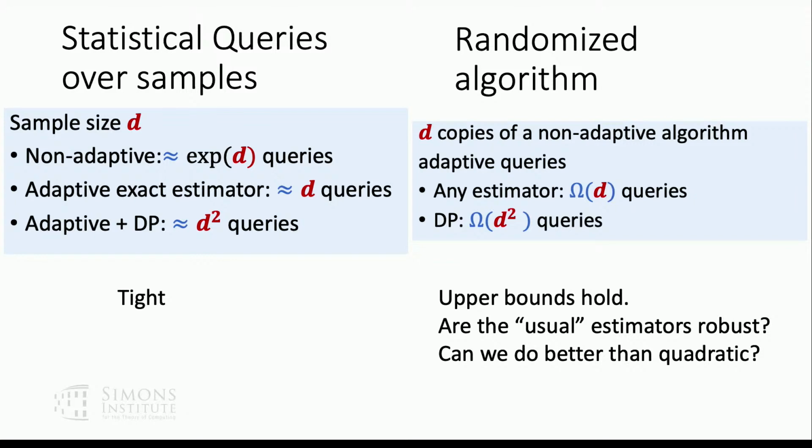So now I want to talk about the other end of things, which is attacks. With statistical queries over a sample, these were tight. In the non-adaptive case, we could answer exponentially many queries in the sample size.